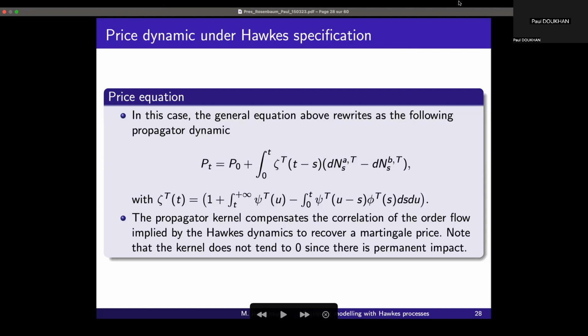So you introduce memory, but at the same time, the price is a martingale. So how is it possible? Because, and that's why we can do the computation, zeta is exactly compensating the memory that the Hawkes processes are putting. So despite the fact that you can forecast the flows, you can forecast the buy orders and sell orders, you cannot forecast the price because of this kernel here. This kernel really prevents you from forecasting the price.